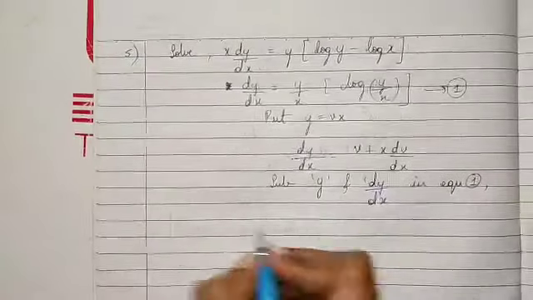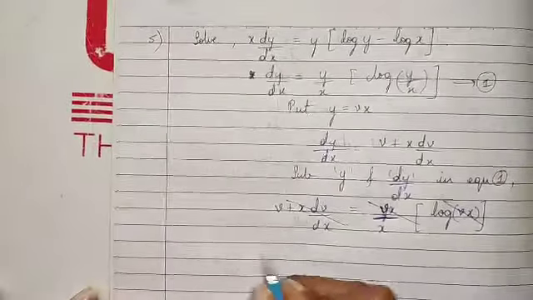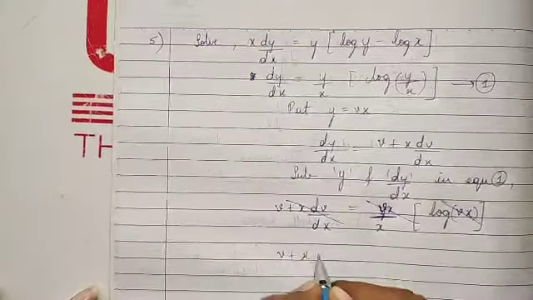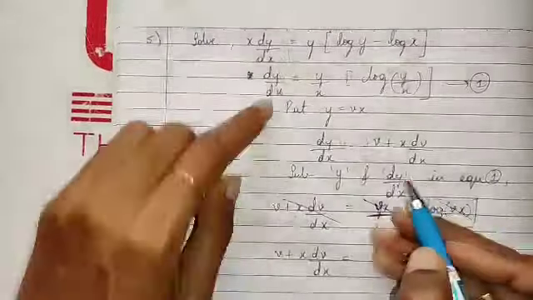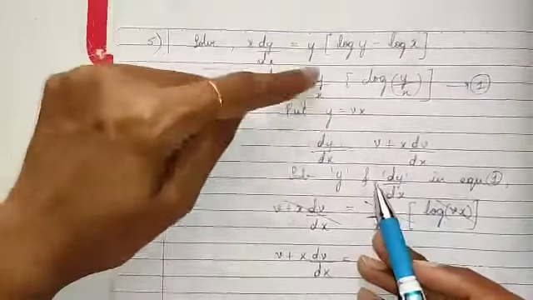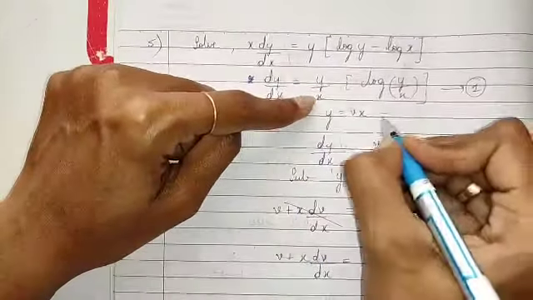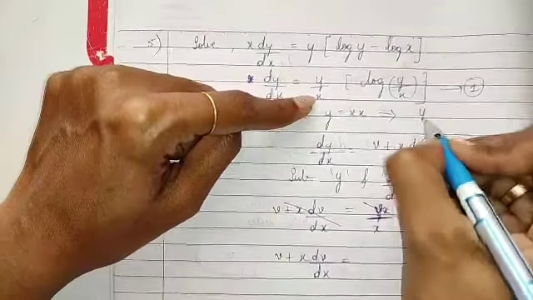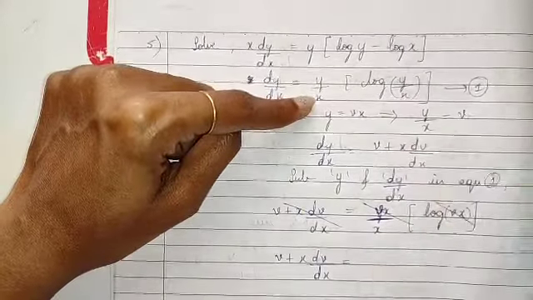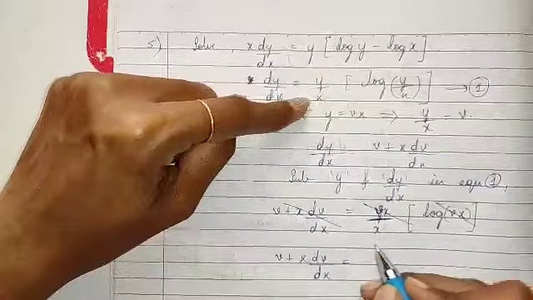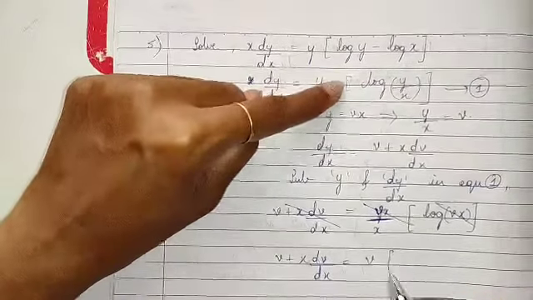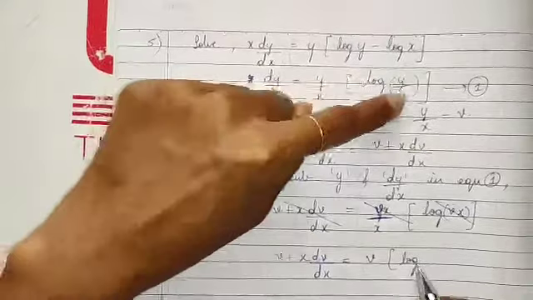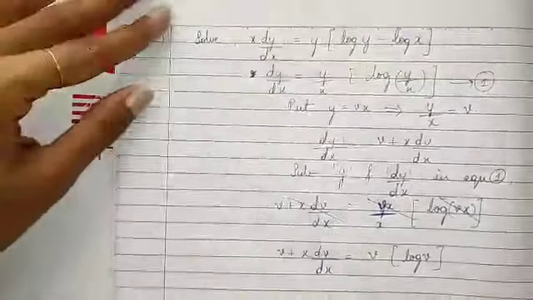I'll have v plus x into dv by dx is equal to, if you observe carefully here, we have y by x. That means from y is equal to vx, we can write y by x is nothing but v, right? So y by x I can substitute both. So y by x becomes v and log of y by x becomes log v, right?